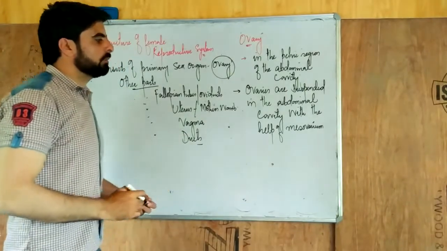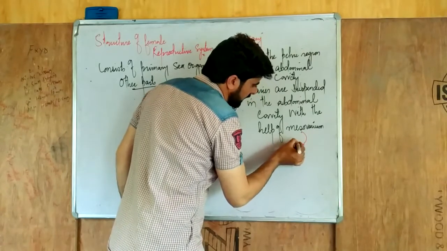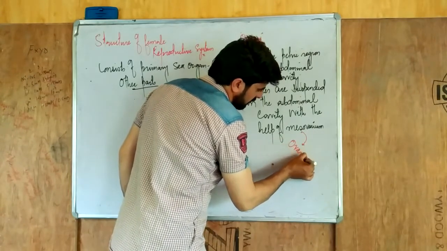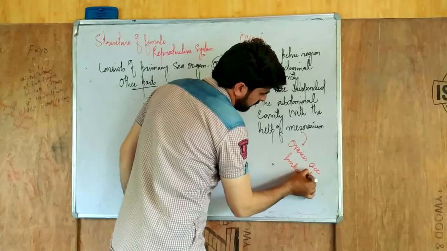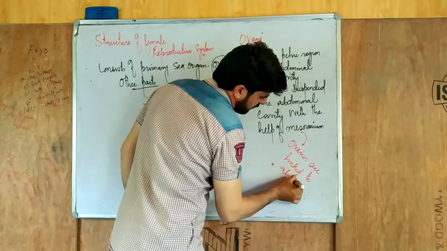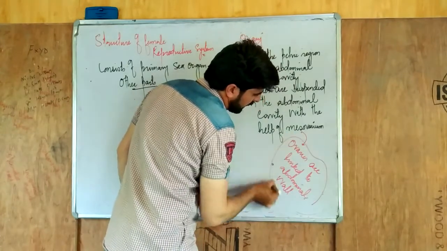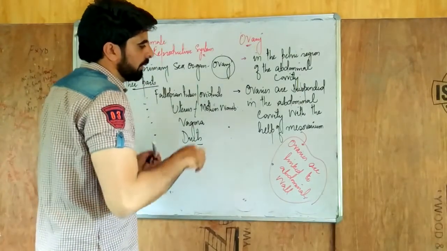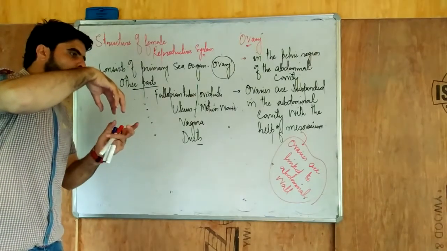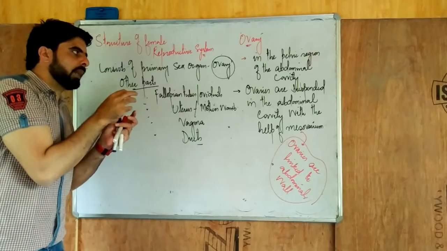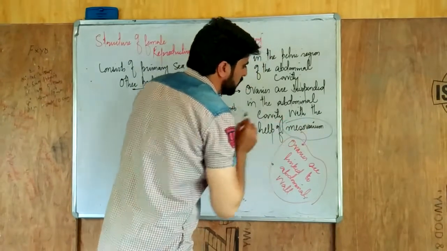If anybody asks you what the mesovarium is, it is simply a connection. It links the ovaries to the abdominal wall. So the ovaries are suspended inside the abdominal cavity, but they remain bound to the abdominal wall with the help of a connection known as the mesovarium.